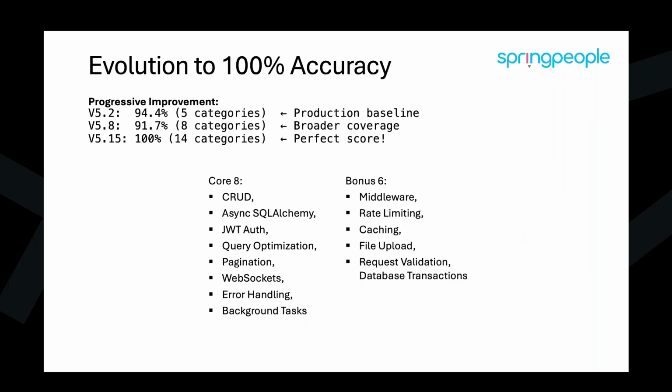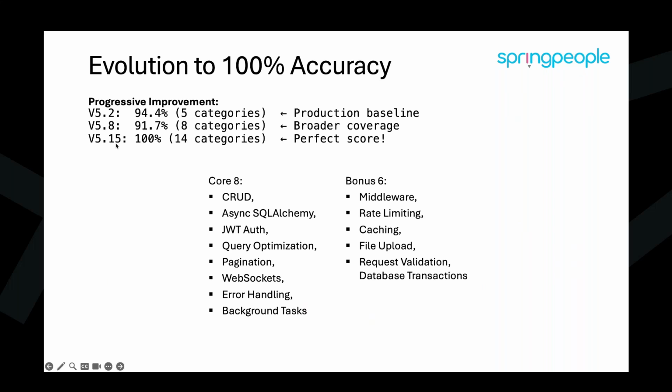Now, the other way of looking at it: you notice that while the accuracies kept going up from version 5.2, at certain versions it actually dipped because I increased the categories from 5 to 8. So it is definitely a broader coverage. And as I say, if you don't get your data sets right, increasing the categories is of course a bigger load, and it will dip the accuracy.